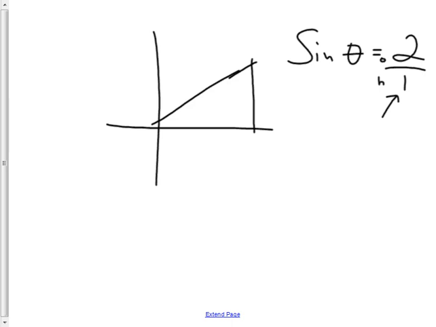You can't. It's impossible. I'm asking you to do something that doesn't exist. So sometimes there are answers to your trig questions, which are DNE, does not exist, or undefined. We don't get picky about how you say it, but basically, I can't do that.